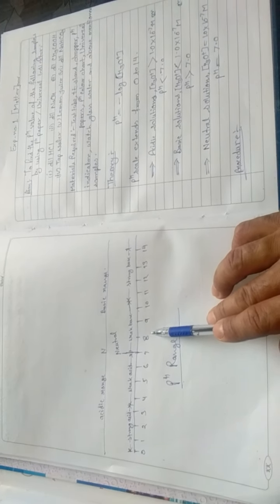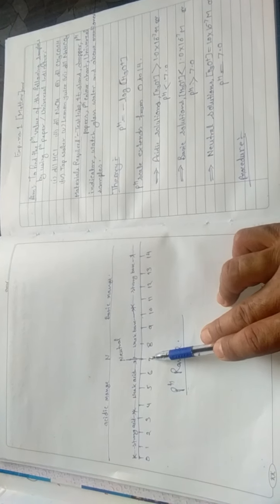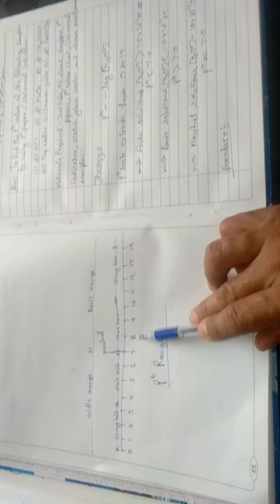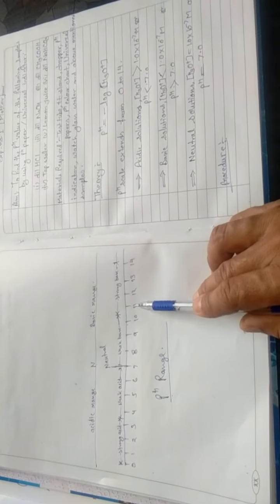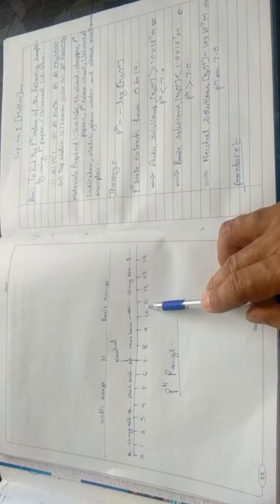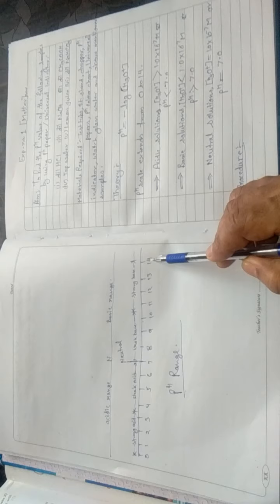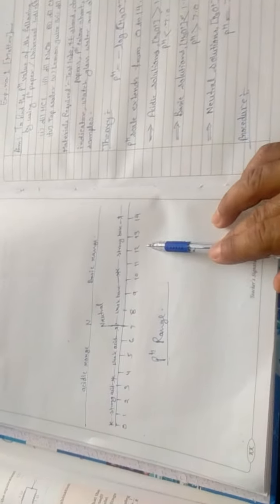Similarly, in the basic range, from 7 to 10.5 this is a weak base, and from 10.5 up to 14 this is a strong base. So this is the pH range.